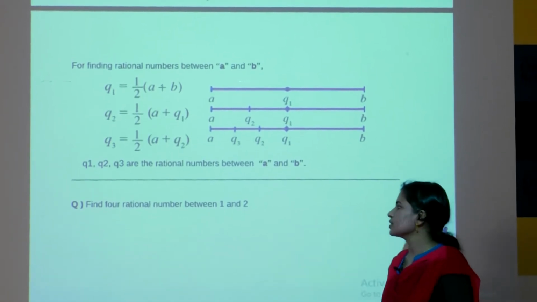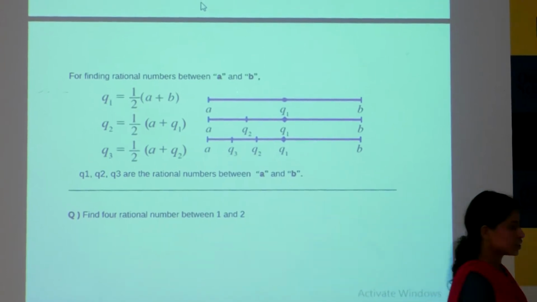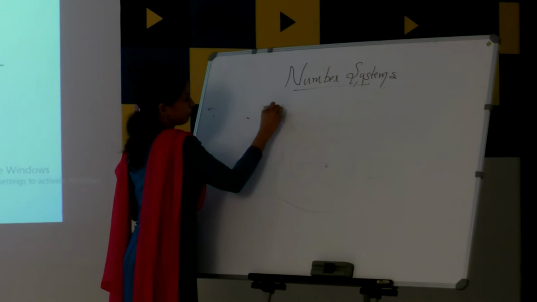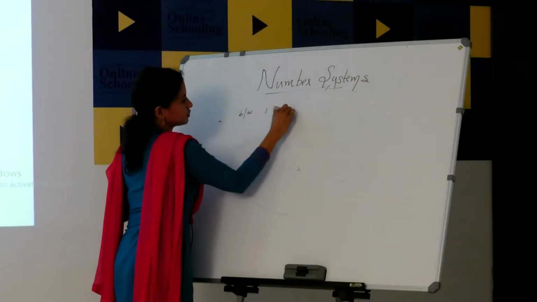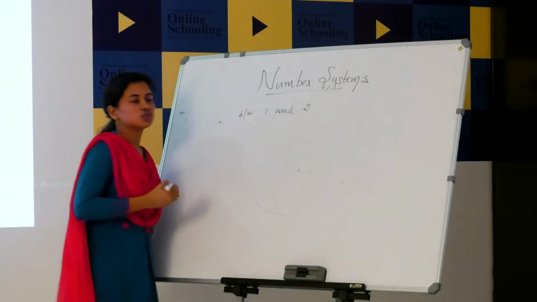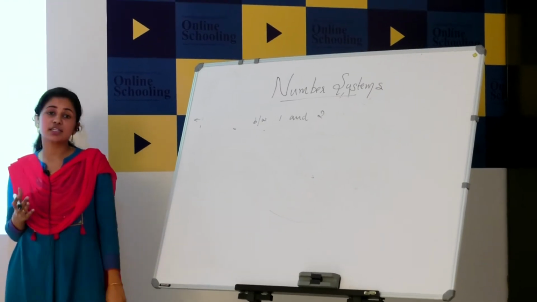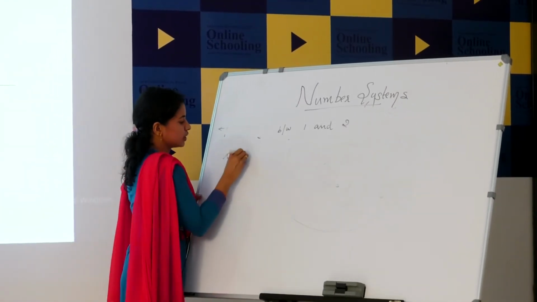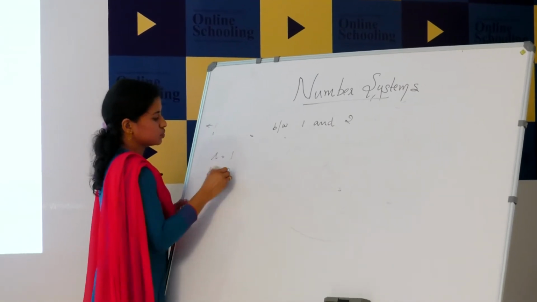Suppose here is a question: find the rational number between 1 and 2. How will we find the rational number between 1 and 2? Here I put A is equal to 1 and B is equal to 2.